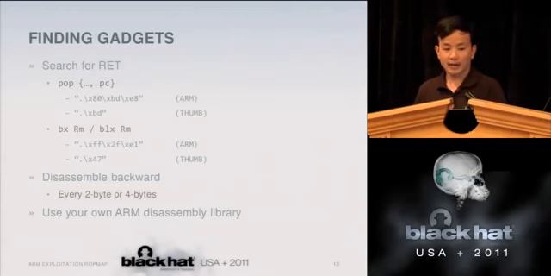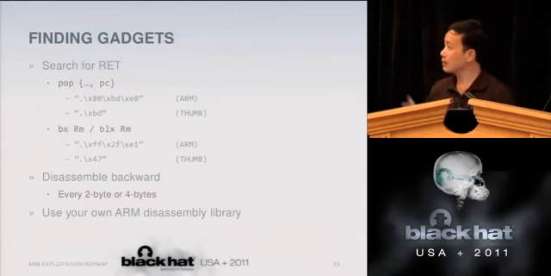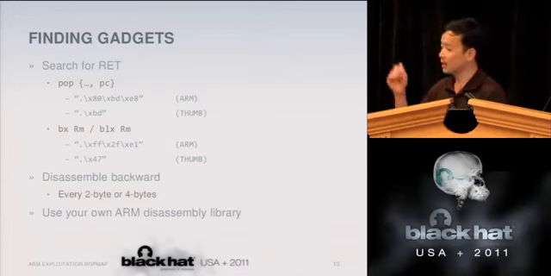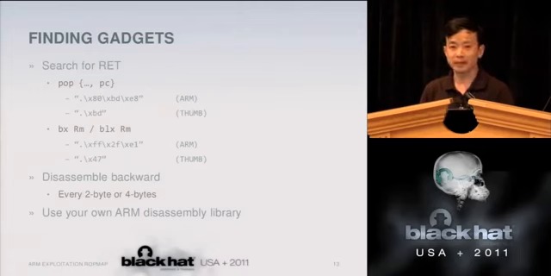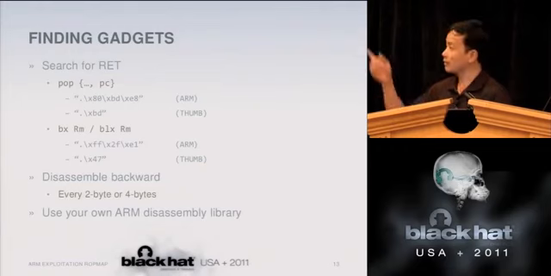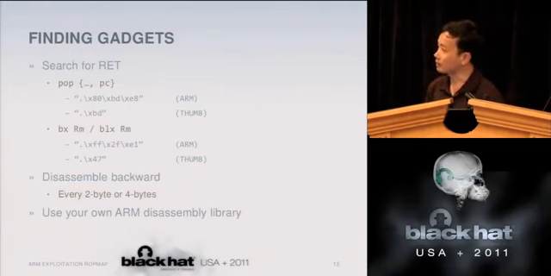In order to find the gadgets, the algorithm will be the same as in x86. You just search for a ret-equivalent instruction, like pop something PC, and for indirect return gadgets like BX or BLX to a register. We have the code represented in Python regular expression format.